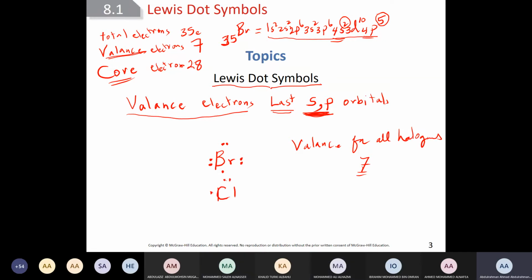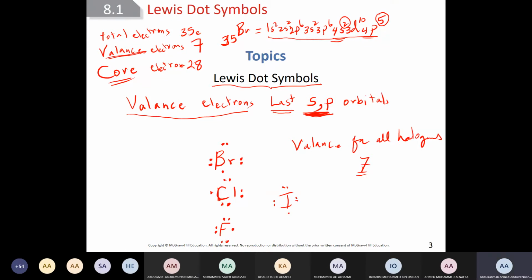Exactly. Is this acceptable? Yes, it is not restricted to any position. How about iodine? And so on and so forth. Is this clear? Yes.